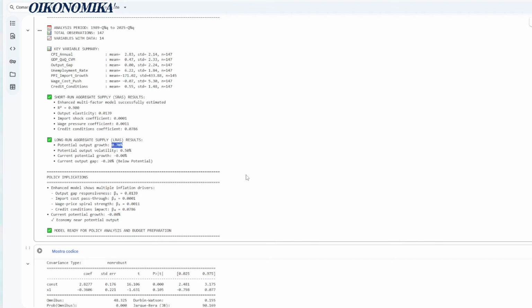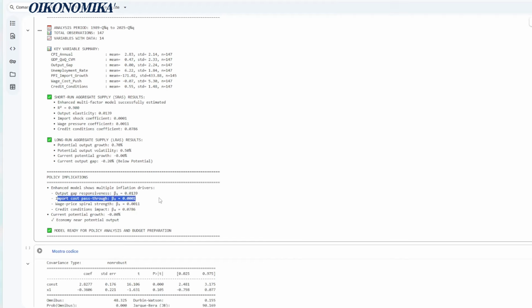So there is potential that has to be created and restored into the economy, and there is a long shopping list of things. And you see here what the policy implications are when you want to account for output gap responsiveness. So the current output gap is negative. What is the responsiveness? It's very low responsiveness.